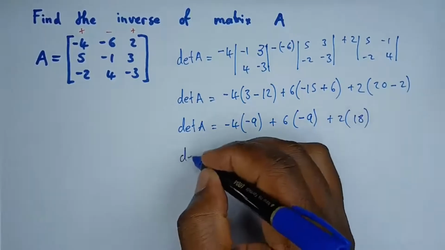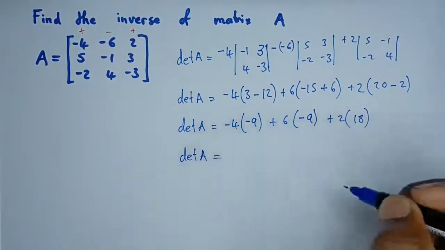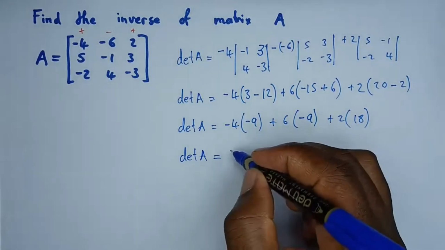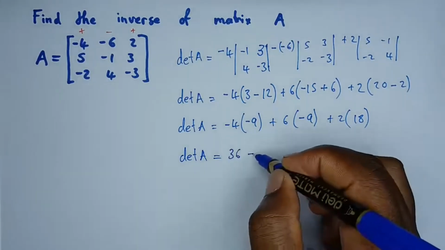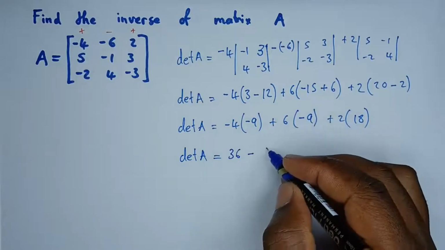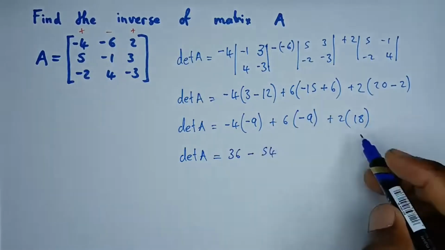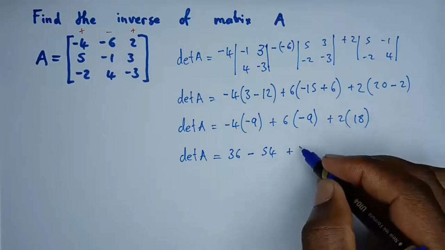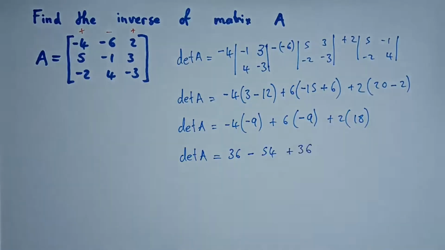Okay, so let's continue with it. The determinant of A will be given by multiplying these two: we'll simply get 36, minus 6 times 9, this should give us 54. 2 times 18 should give us 36. Then from there, let's just add what we have.